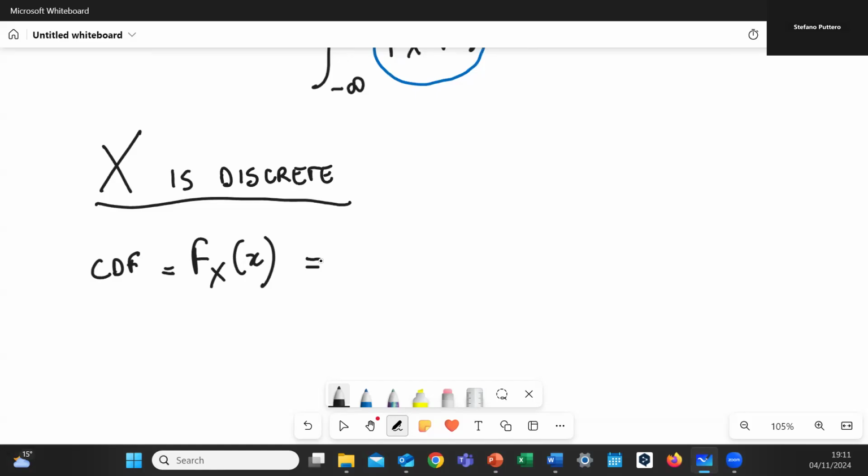Well, we saw by the theory that it's equal to the probability that uppercase X is lower than or equal to lowercase x.